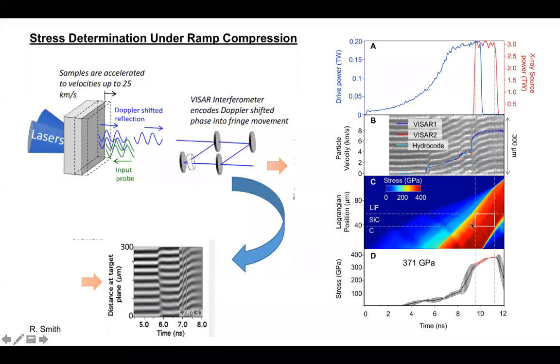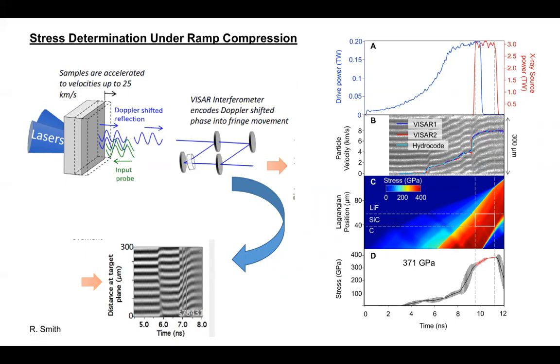And so the silicon layer is here, and the time of the X-ray source is shown by these vertical dashed lines. So the X-ray source was, I guess, 2 nanoseconds or something here. And then we can take a histogram of all the stresses within this time and spatial region and average those to get the stress in the sample, which in this case was 371 GPa with some uncertainty that I haven't listed here.